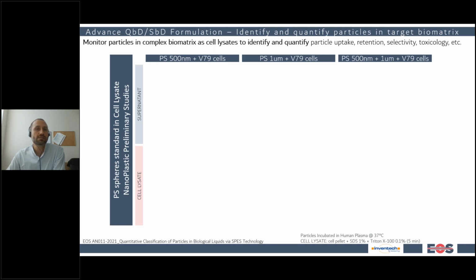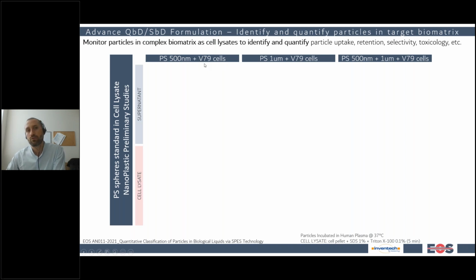And this information is essential for formulation as well as analysis of the selectivity of the cell about the particles, about toxicological, cytotoxicological and ecotoxicological analysis, and so on. So how can we manage this? Let me use a couple of systems just as a reference. Half a micron polystyrene and 1 micron polystyrene, and a mix of the two, of course. And we consider a cell line of V79.